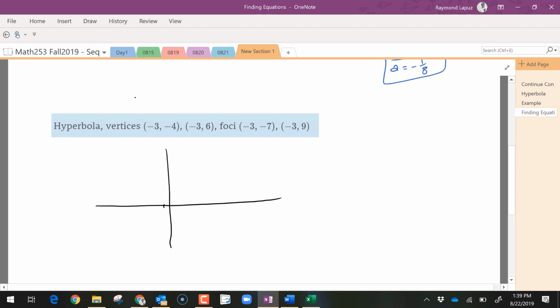So 1, 2, 3, -3. I have -4. 1, 2, 3, 4. 1, 2, 3, 4, 5, 6. So those are the vertices.